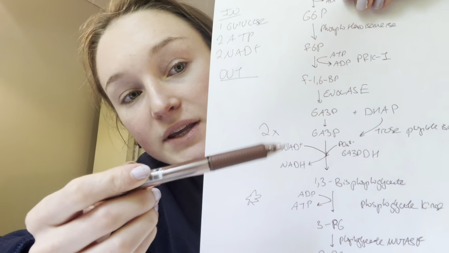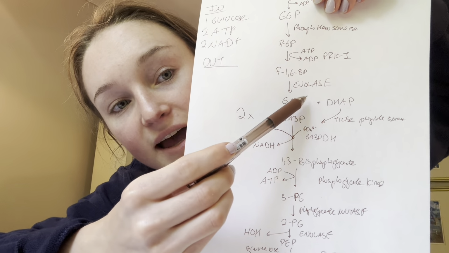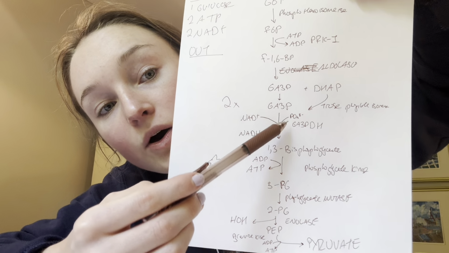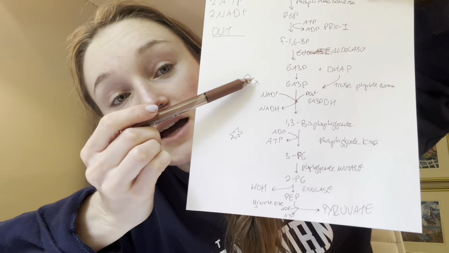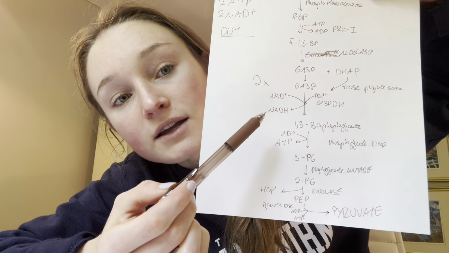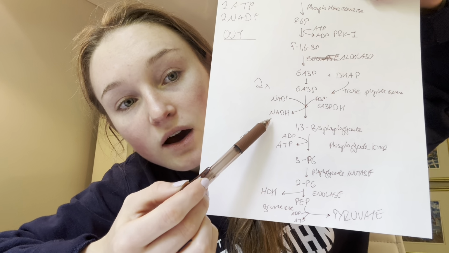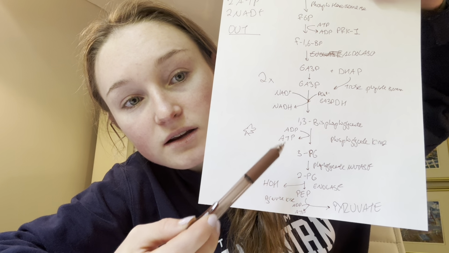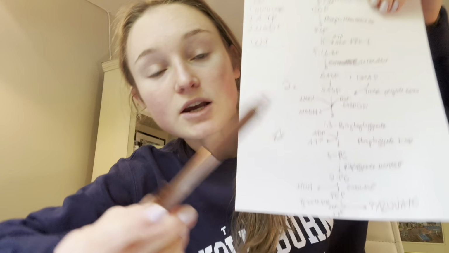Out. Everything down here after this step. Oh, this enzyme is actually called aldolase. I messed that up. I'm sorry. Okay. Everything below aldolase is doubled. 2 NADH we got. 2 ATP here. 2 ATP here.